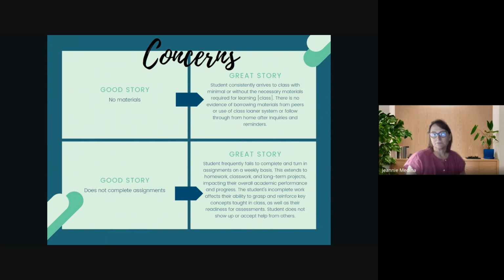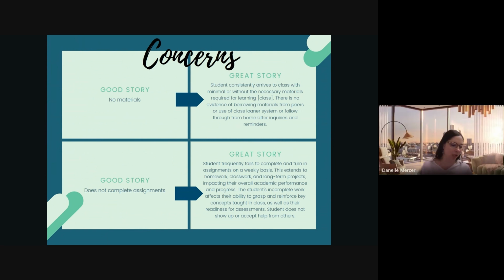But to go into a great story and have more of the details and information and what really captures what's going on, and someone else can pick it up and know where to carry on from here. So a great story: the student consistently arrives to class with minimal or without the necessary materials required for learning. There is no evidence of borrowing materials from peers or use of class loaner system or follow through from home after inquiries and reminders.